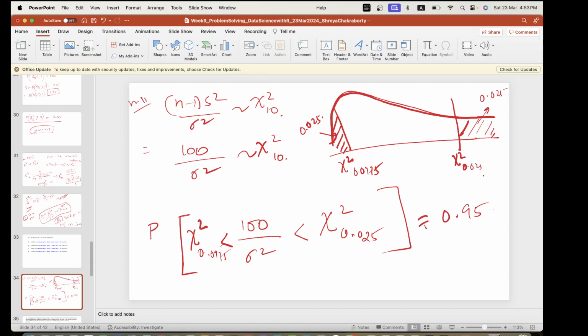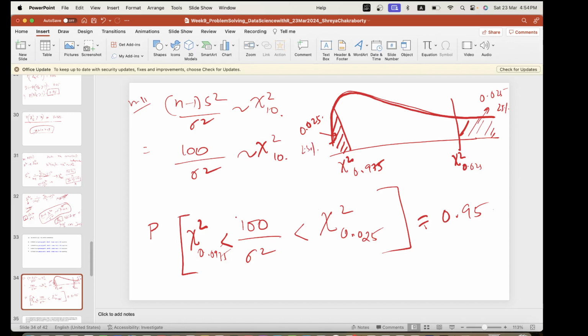Chi-square 0.025 means the point above which 2.5% of the data lies. So this area is actually 2.5%. And chi-square 0.975 is that point above which 97.5% of the observations lie, so below which 2.5% of the observations lie.